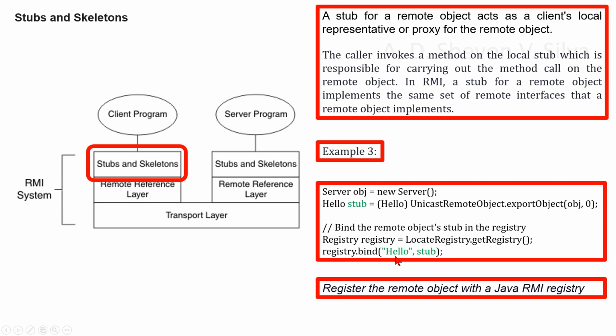Once a remote object is registered on the server, a caller can look up the object by name, obtain the remote object reference, and then invoke the remote methods on the object.